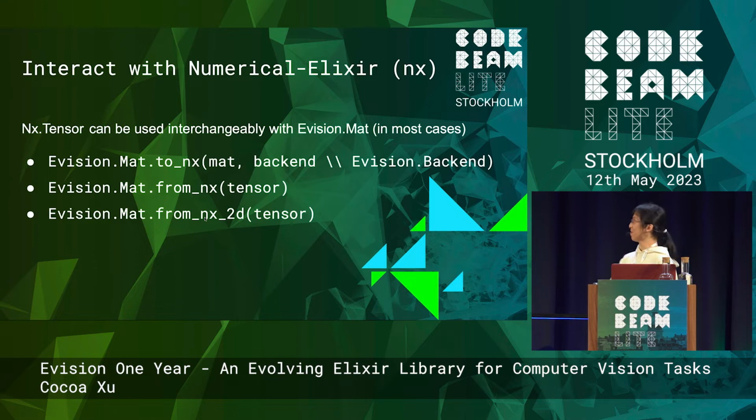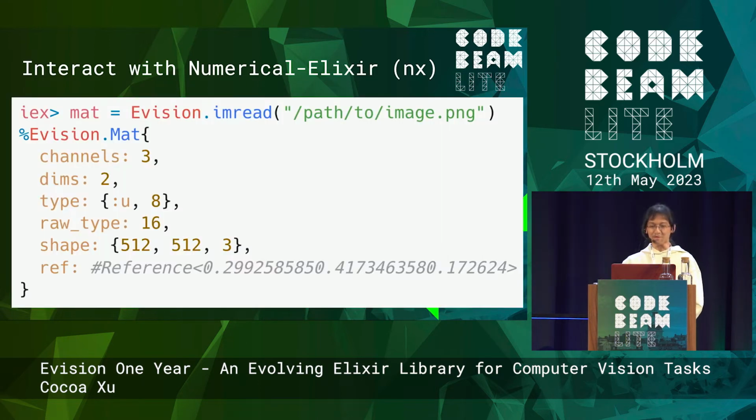There is one caveat. You may wonder why we have this from_nx and from_nx_2d, because there is something that maybe I love and hate at the same time. That is backward compatibility. Maybe we can see this example first.